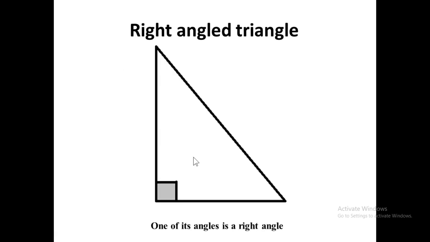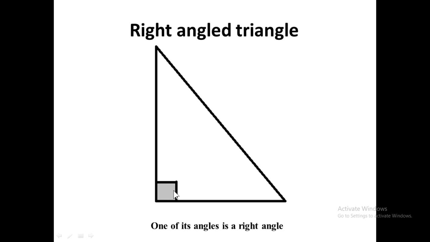Then another triangle based on angle is the right angled triangle. Most times students think this triangle is called a right angle triangle because this angle is at the right hand side of the shape. That is not the case.